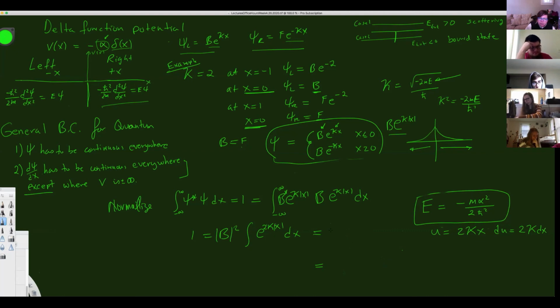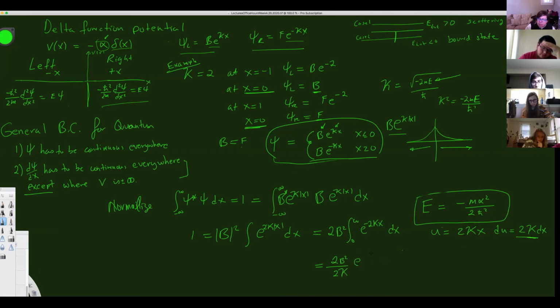Okay. So to use the right psi, where if I'm splitting it, and I'm saying this is 2b squared integral 0 to infinity, I better use this psi, right? So e to the minus 2 kappa x, dx. Okay. So now we get, this is 2b squared over 2 kappa because of our substitution.